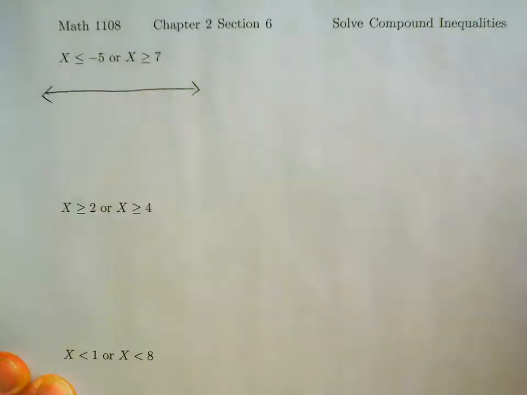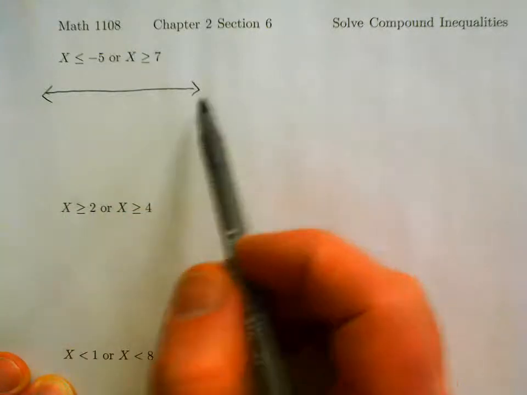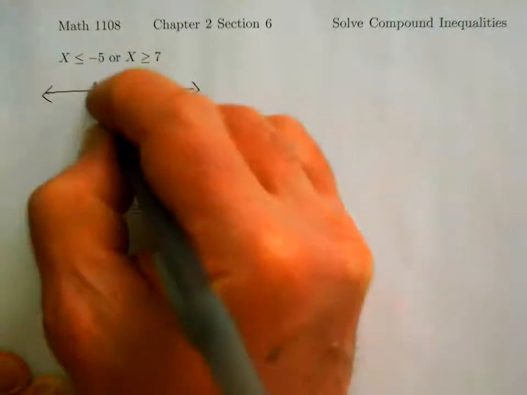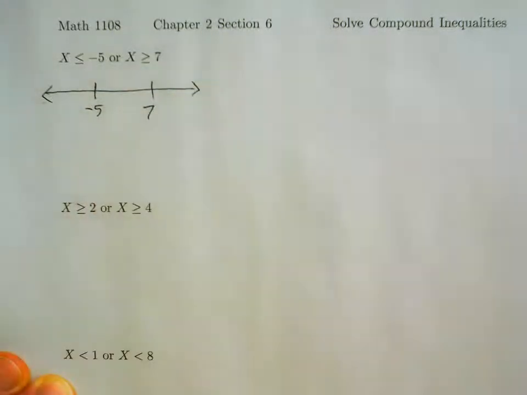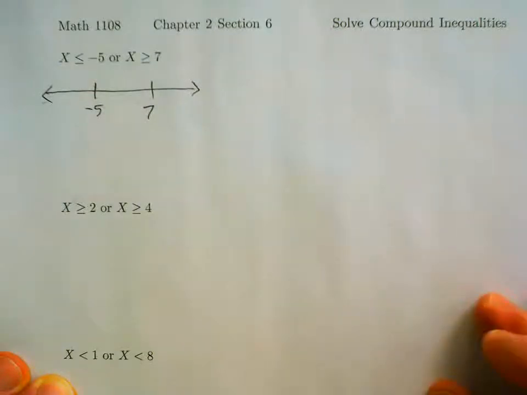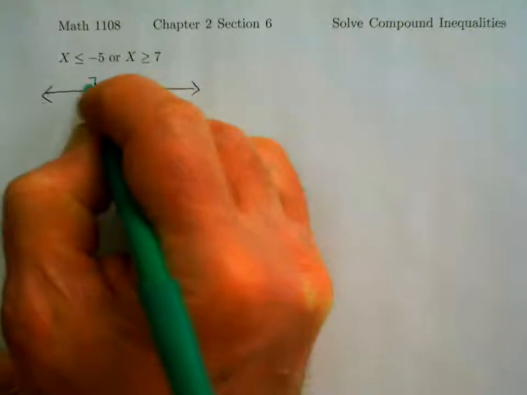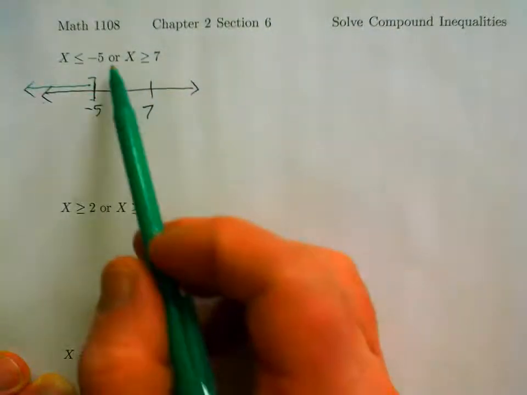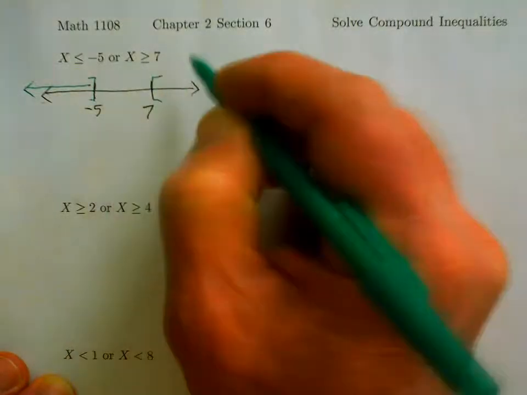That might take some of the boredom away. So we graph the solution set, draw the number line, plot the numbers -5 and 7. If x is less than or equal to -5, we put a bracket at -5 and shade to the left. And then or x is greater than or equal to 7, we put a bracket at 7 and shade to the right.